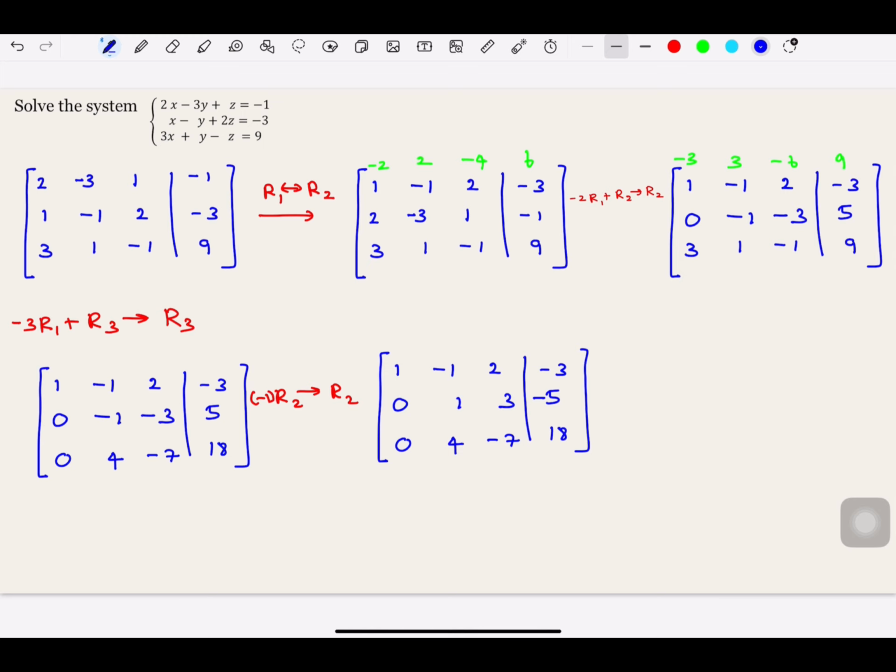We are making some progress, but we still need to get rid of this 4. So we have to get a 0 as the second entry in the third row. To do that, we are going to use the second row. We're going to multiply the second row by negative 4, and add it into the third row. So R2, you have to multiply it by negative 4, and add it into R3, and that will give you your new R3.